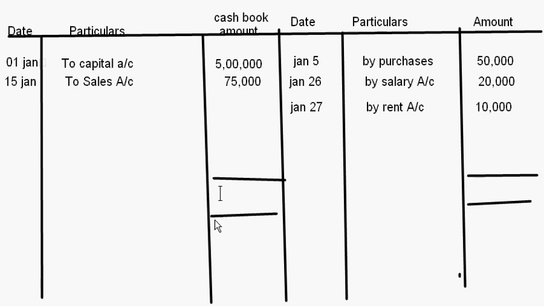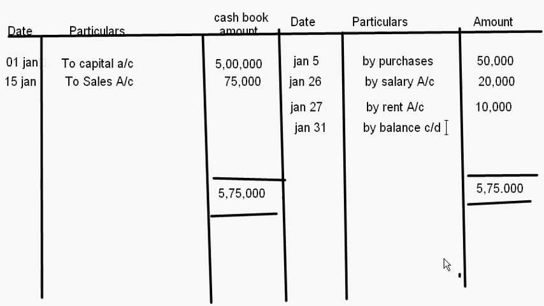The amount on the debit side is 5,75,000. And here it is, by balance carried down, this is 50 plus 20, 70 plus 10, 80.